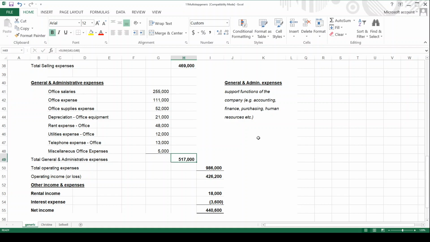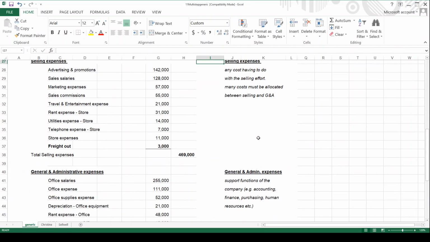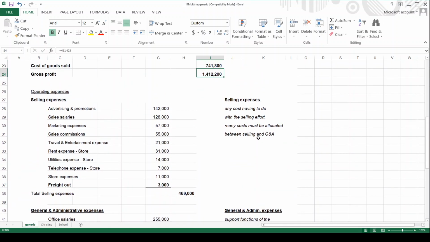And what do these two numbers add up to? What's 469 and 517 equal? 986,000. Operating expenses. All right, let's go back. What was our gross profit? $1,412,200.